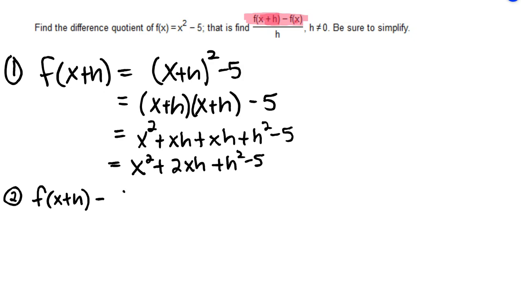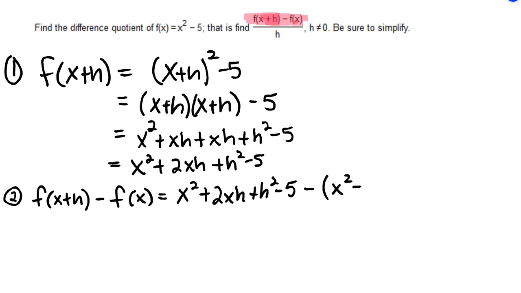And then I want to subtract f of x. So I'm going to copy down my work from before for the first part. And then I want to subtract f of x. I want to minus x squared minus 5.